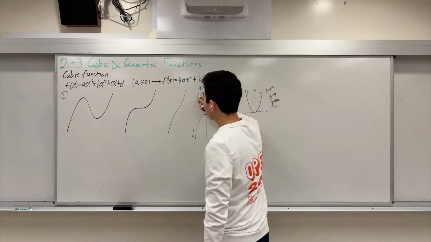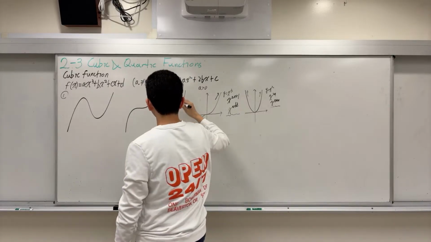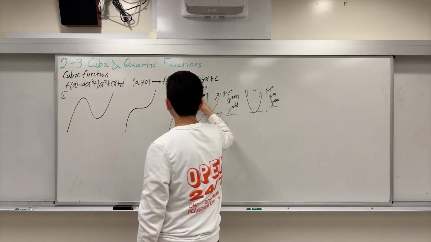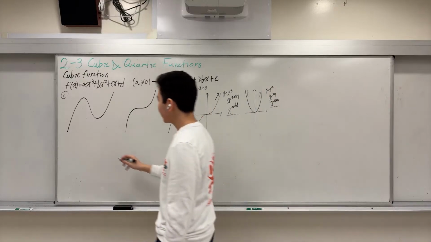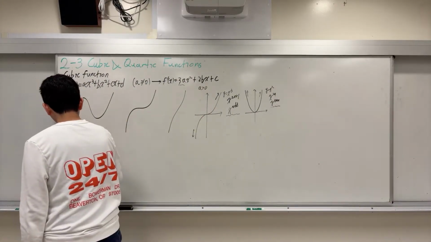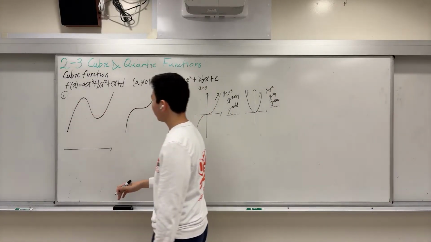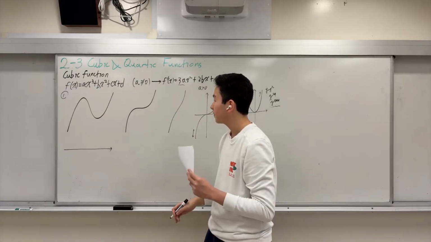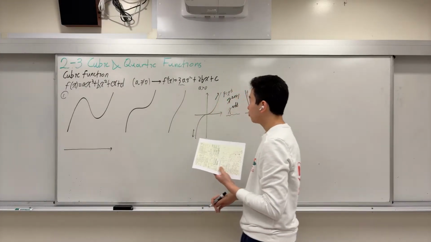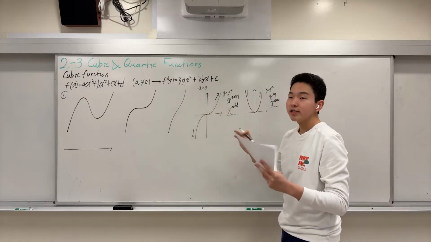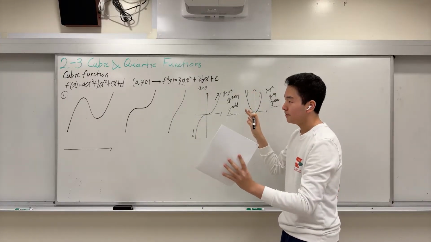Okay, so now we've got our derivative, and the first thing to notice is that we're assuming a is greater than 0 for these three types of curves. So if a is greater than 0, then 3a is also greater than 0. That means that if we draw the derivative directly beneath the function here, our derivative is going to be a quadratic that is concave up, right? It opens up.